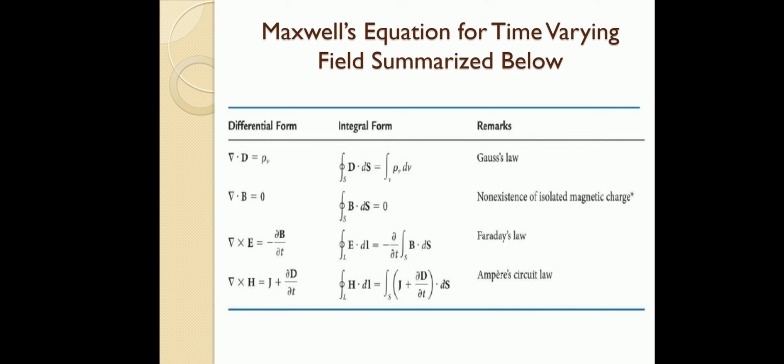Its integral form is the line integral of H dot dl equal to the surface integral of (J plus dou D by dou t) dot ds, or I plus the surface integral of dou D by dou t dot ds, obtained from Ampere's circuit law. So these are the four sets of equations used for static fields as well as time varying fields.